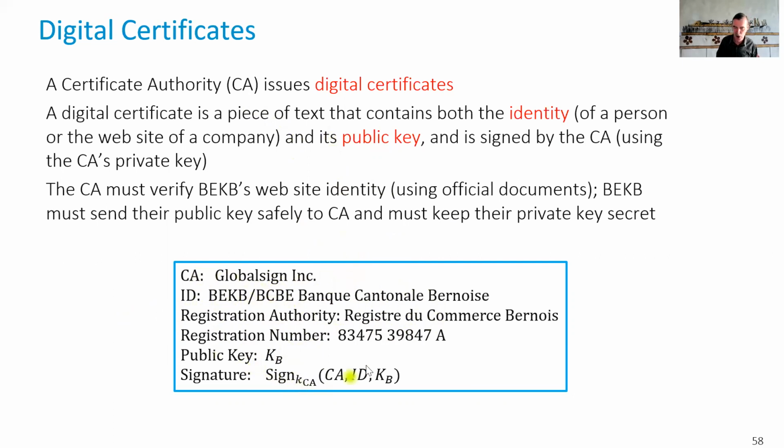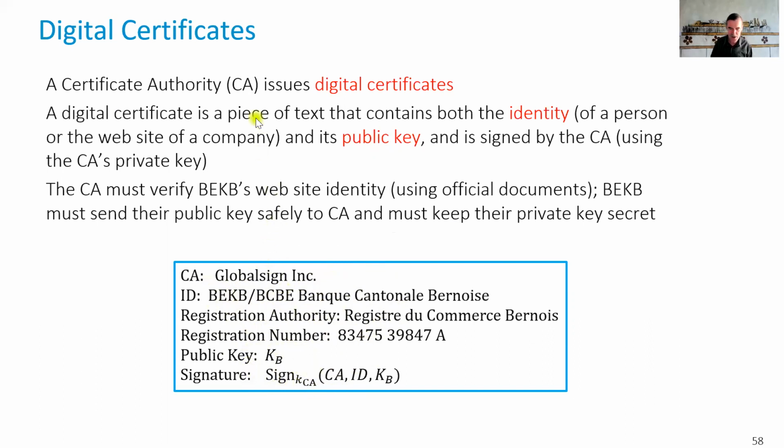This will be a very complex procedure where perhaps people need to move physically to check the identity of whom, show IDs, or perhaps somebody of Global Sign goes to the Banque Cantonale Bernoise, or the Banque Cantonale Bernoise sends a document that is verified by a notary. So that's a heavyweight procedure that will be used to obtain a signed public key.